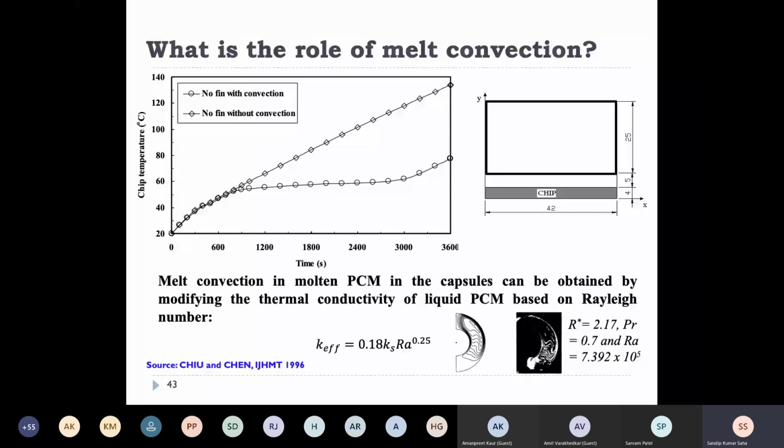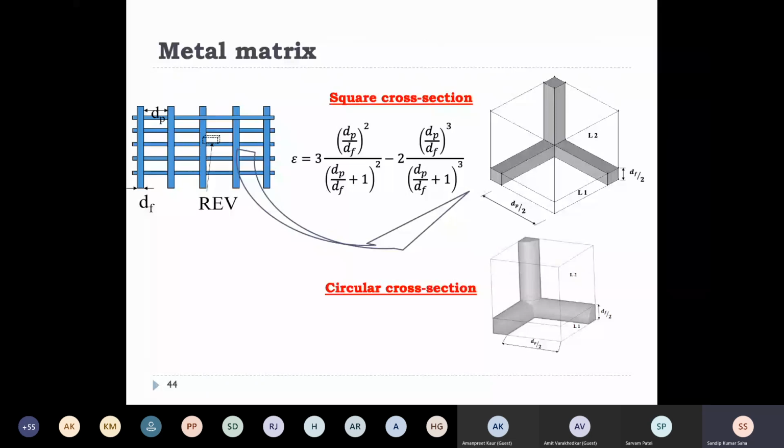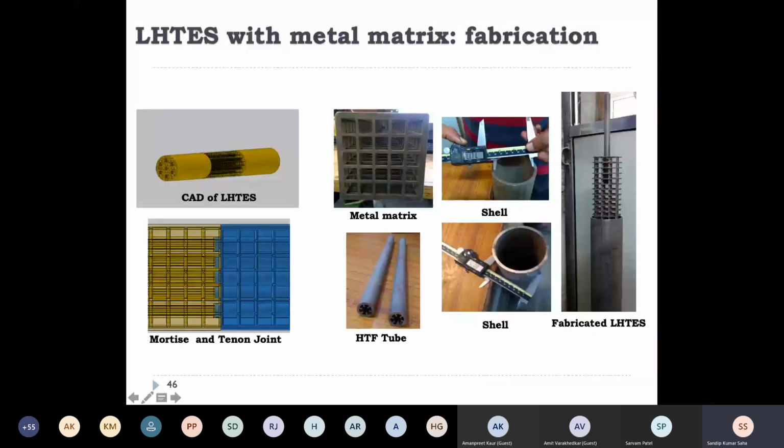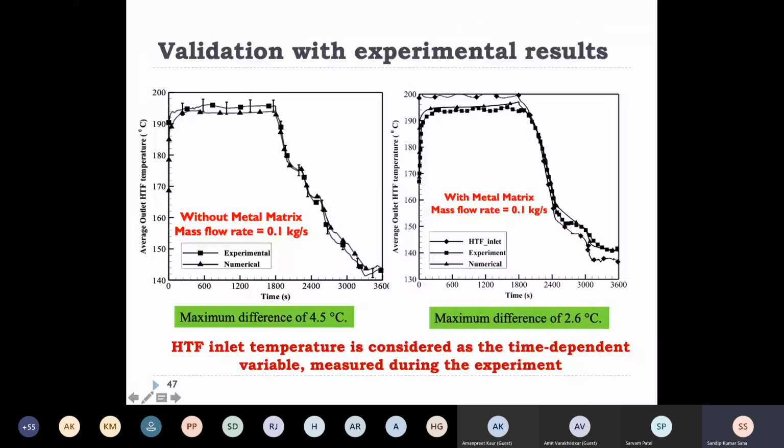Now, in case of metal matrix, we will also model this as a porous medium. Only my parameters change: the porosity definition and permeability definition change. Now, this is validated with the numerical model. Here, without metal matrix, the difference is 0.5 degrees centigrade, whereas in case of metal matrix, the difference is 0.26 degrees centigrade.